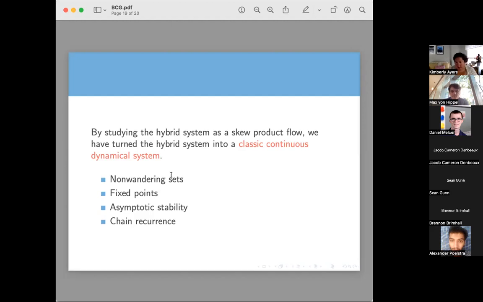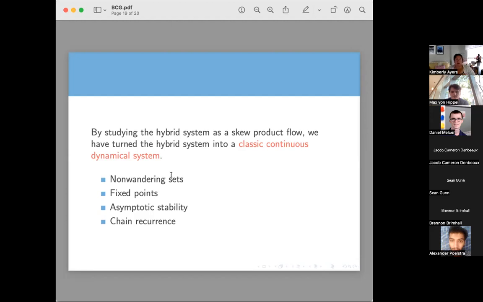You have to come up with a new definition because the regular definition doesn't apply. And then I want to ask myself, is there a relationship between what I think of as chain recurrence in just the subset Rn versus chain recurrence on the entire product space? Is there a relationship there? So that is work that I did as part of my PhD.